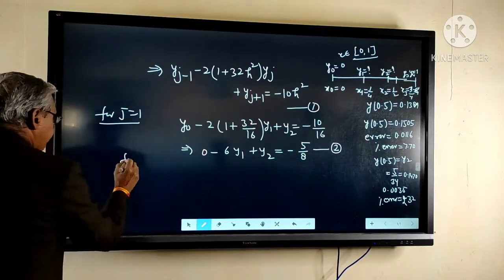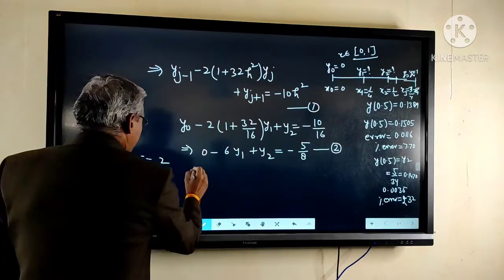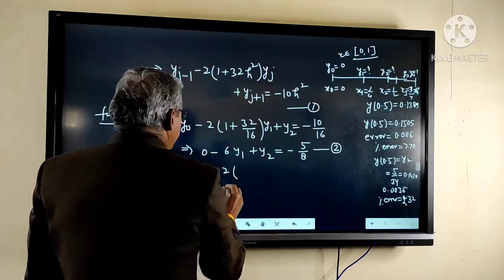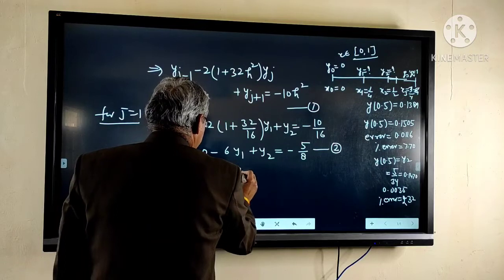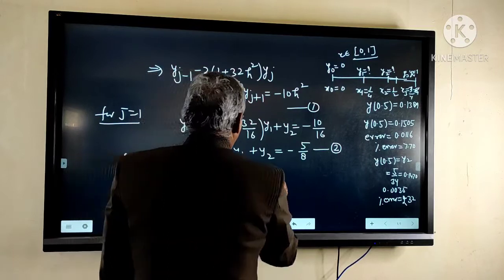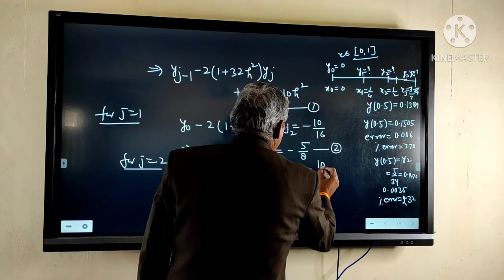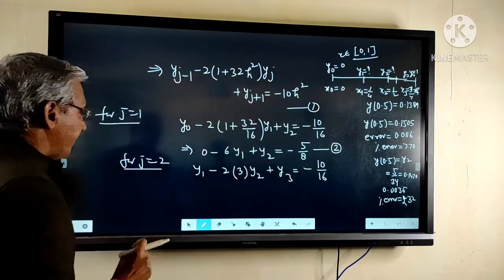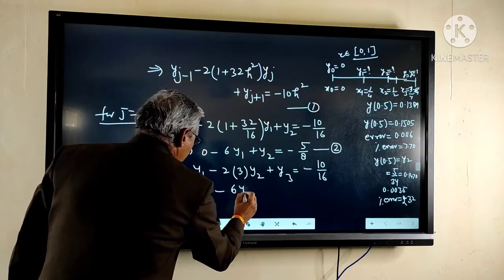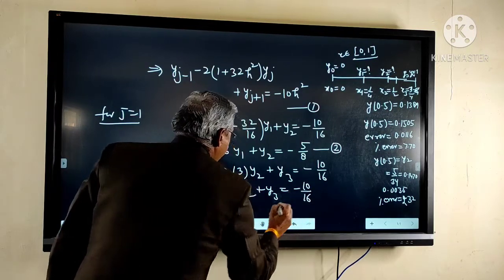For j equal to 2, we have y1 minus 2 into 3 y2 plus y3 equals to minus 10 upon 16. So y1 minus 6 y2 plus y3 equal to minus 10 by 16.